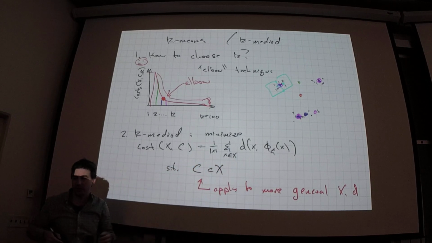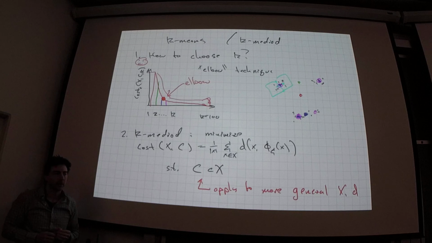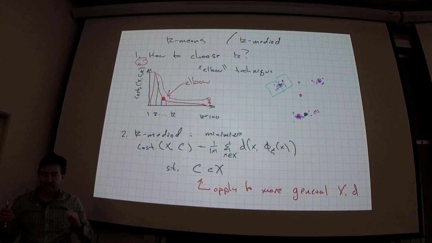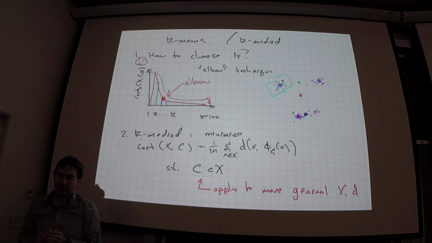That's probably more natural, and it's going to be more robust to outliers, because it's not squaring the effect of an outlier, it's just adding it with the rest of the points. All right, so this is the last piece of the puzzle from the center assignment techniques.